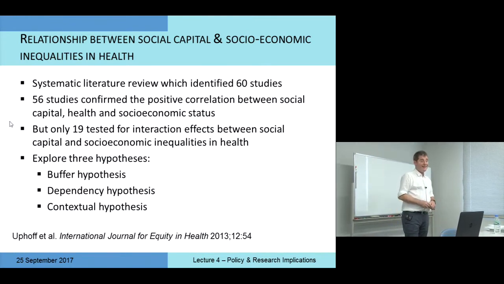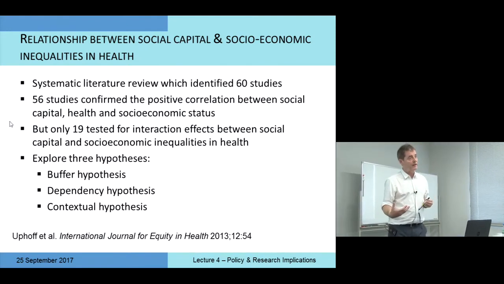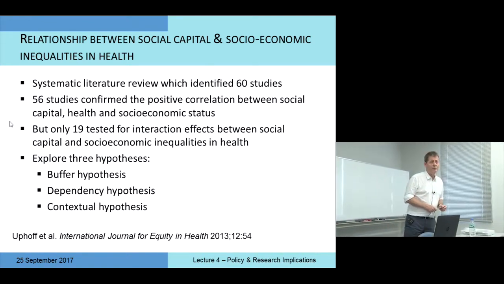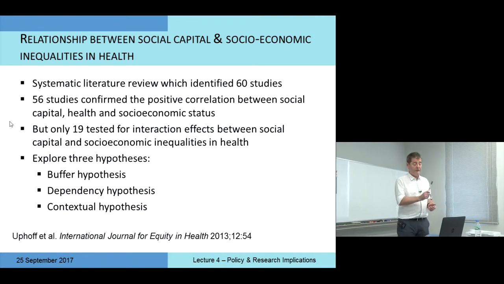But anyway, they identified 60. And they found 56 of these studies confirmed a positive correlation between social capital, health, and social inequality. So 60 studies had to some extent gone out and looked for what sort of relationship there might be between health, social capital, and socioeconomic inequalities in health. 56 of them found a positive correlation.